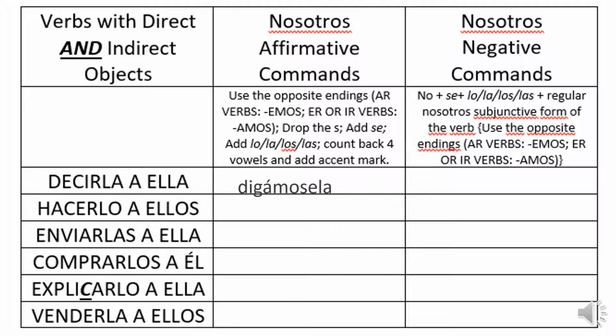So, hacerlo a ellos. If we want to say, let's do it to them, we know that it's going to be AMOS, hagamos. We drop the S and add se. Then we add lo. And then we go back 4 vowels and put the accent on the A. Hagámoselo.